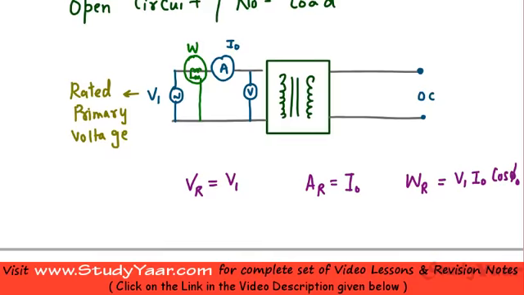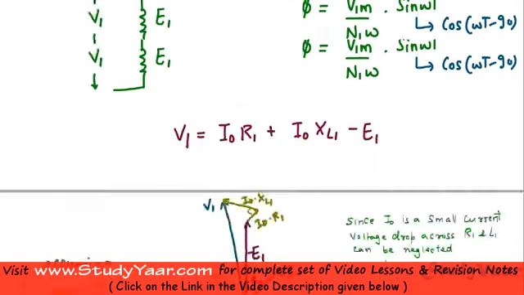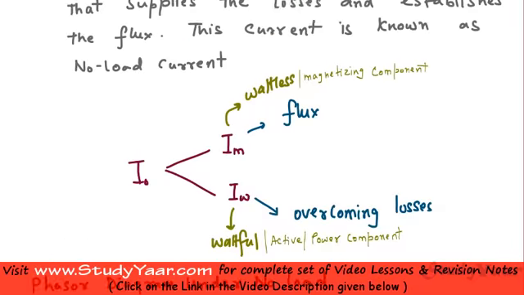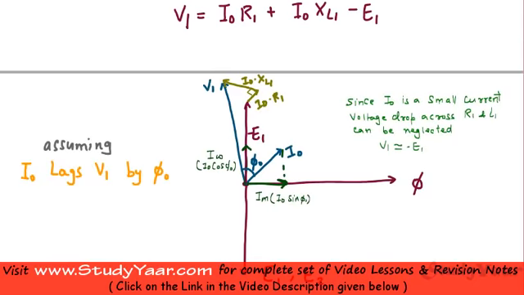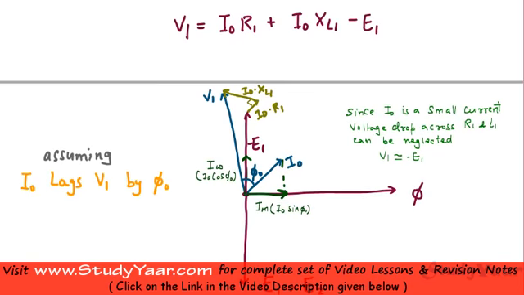Just remember the phasor diagram that we had drawn earlier. This is your phasor diagram under no load conditions. We had seen this is my V1, this is my I0 which is the no load current, and this is phi 0, and cos of phi 0 represents your input power factor.